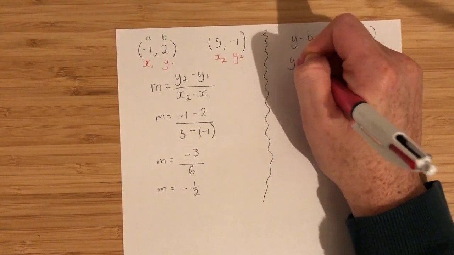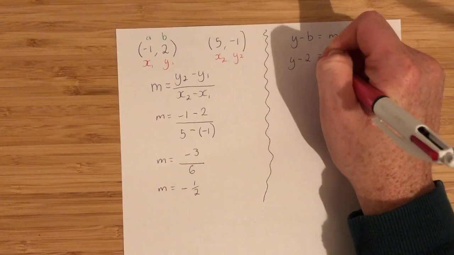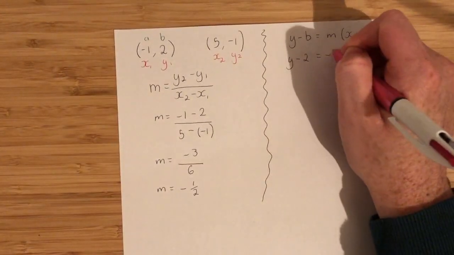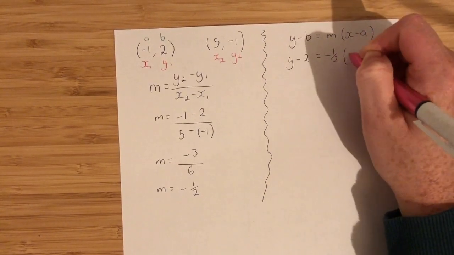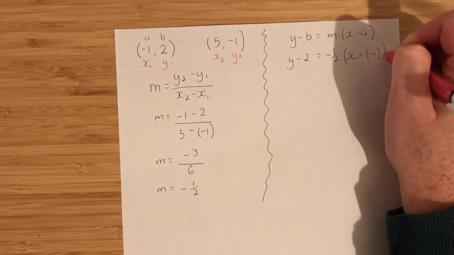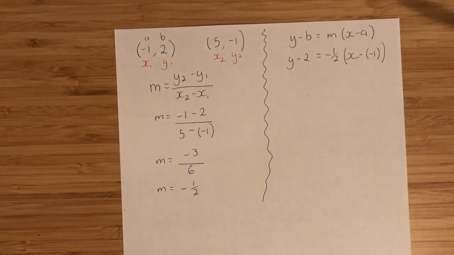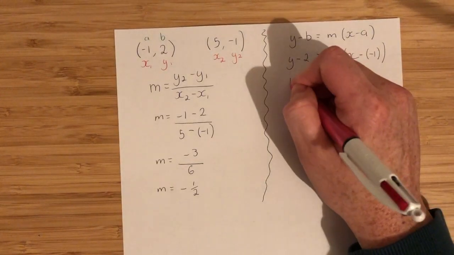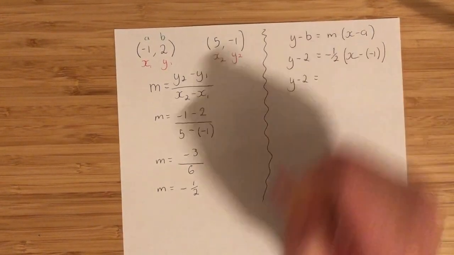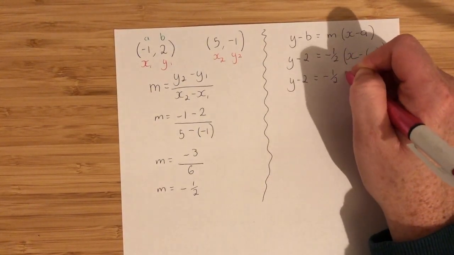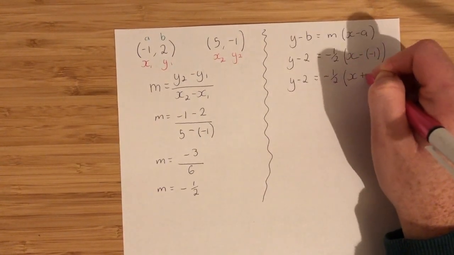So y minus 2 equals, and for the gradient we've got negative a half, open the brackets, x minus negative 1 for A. Then let's just fix that so we've got a plus so we don't get confused. Y minus 2 equals negative a half, open the brackets, x plus 1.